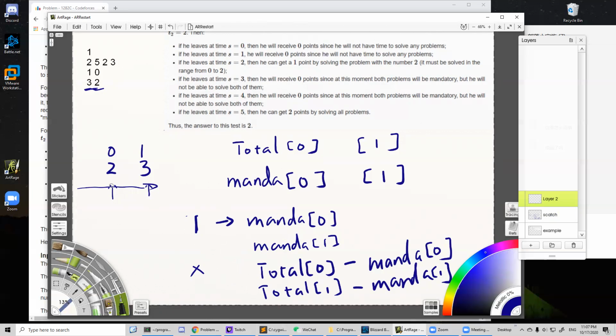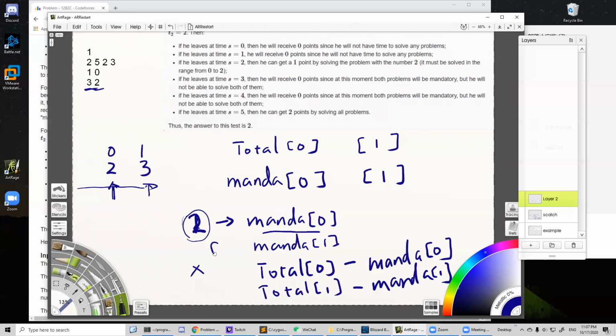And let's try another time. Let's move the timer to the right by 1 step, which is 2. So let's try time 2. We use time at this point. We have 1 mandatory easy problem, so we are going to use these 2 seconds to solve this one, right?